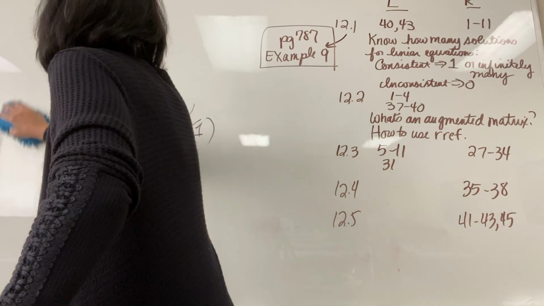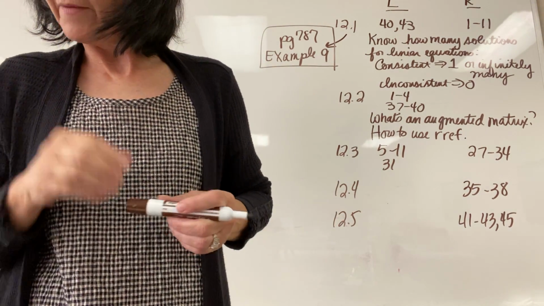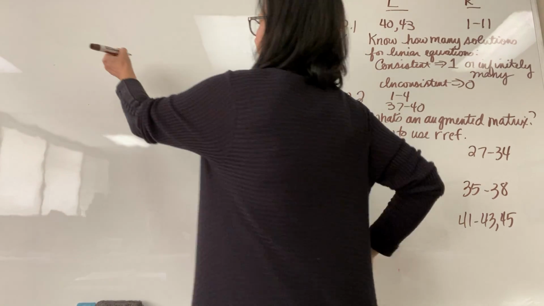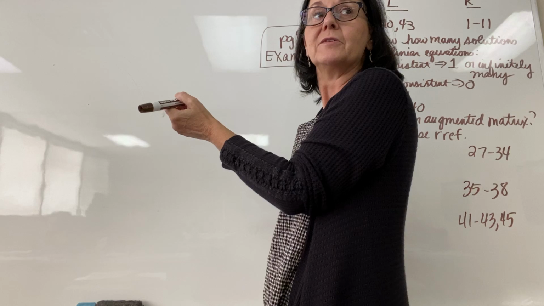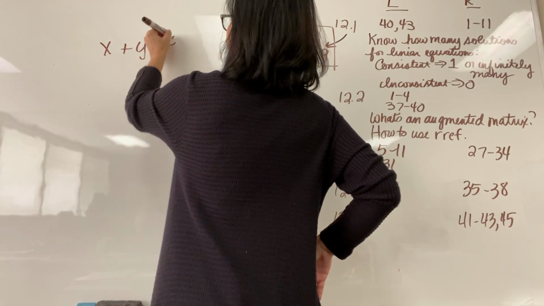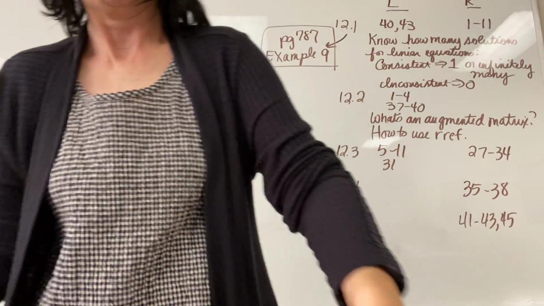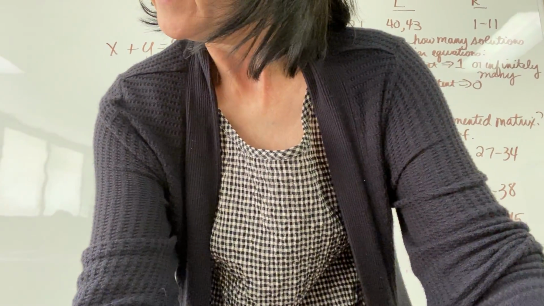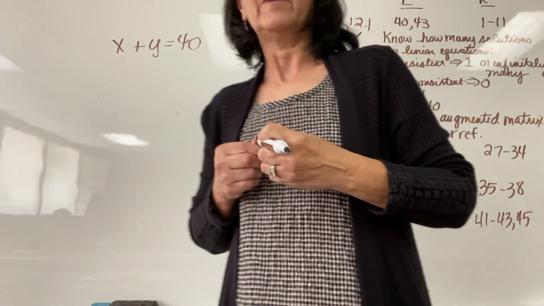Setting up the equations is the hardest part, right? So look at number 40. The sum of two numbers is 40. What do I write? Sum of two numbers, x plus y. x plus y is 40. Actually, this was just on my Algebra 1 test that my Algebra 1 students took. The difference of, so what am I doing?